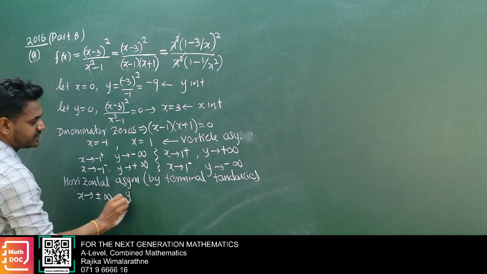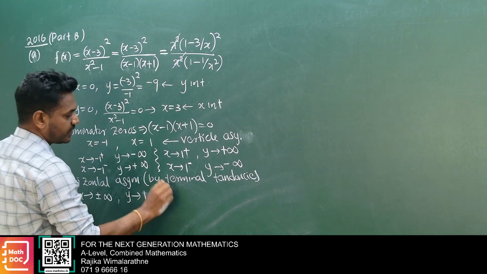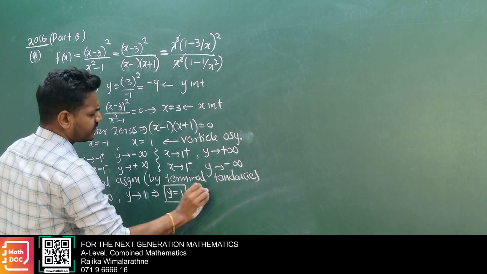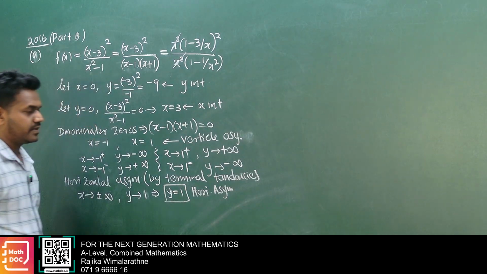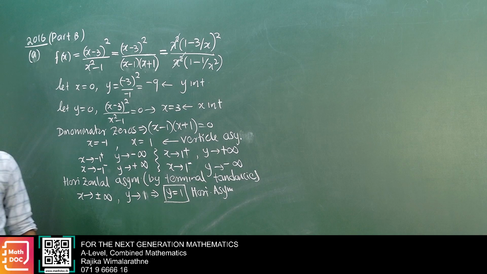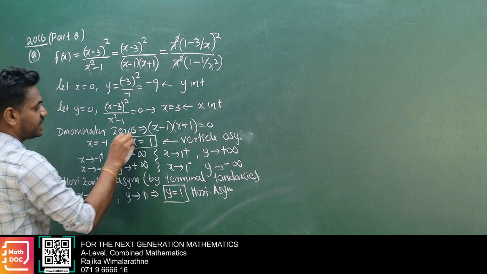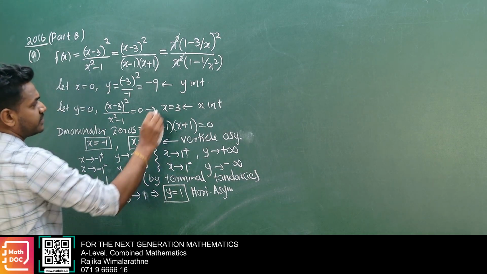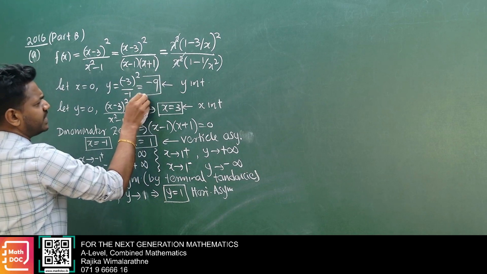Then y tends to 1. This is the horizontal asymptote: y equals 1. Then we have identified the two vertical asymptotes, the horizontal asymptote, the x-intercept and the y-intercept.